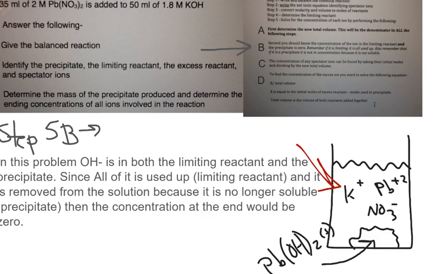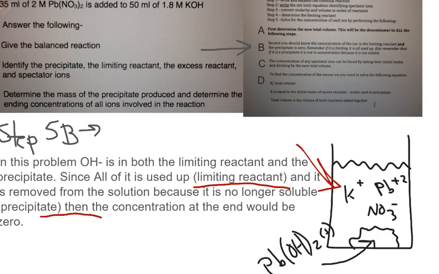All right, so B, it says, in this problem, hydroxide is in both the limiting reactant and the precipitate. Since all of it is used up, which is the definition of the limiting reactant, and it is removed from the solution because it is no longer soluble, which is the definition of a precipitate, then the concentration at the end would be 0.